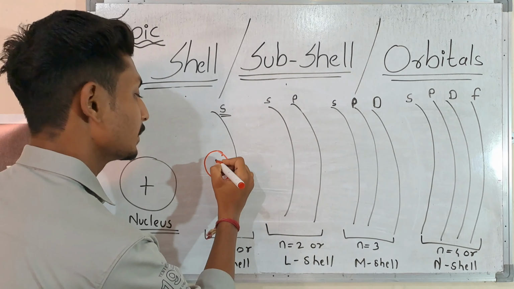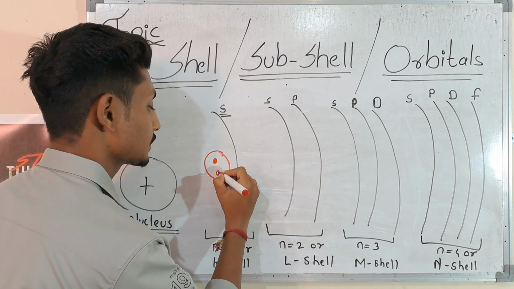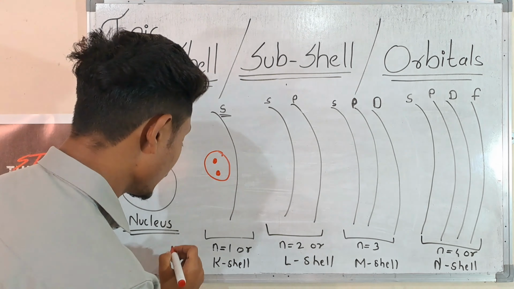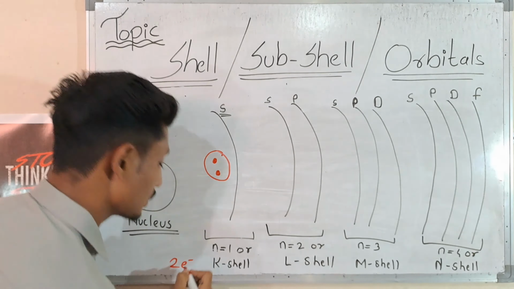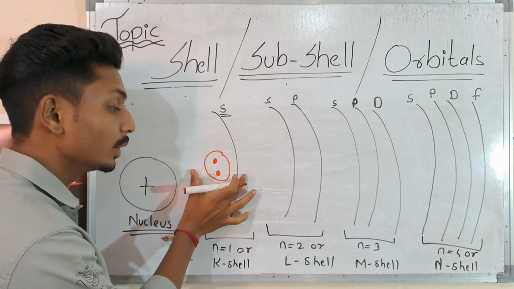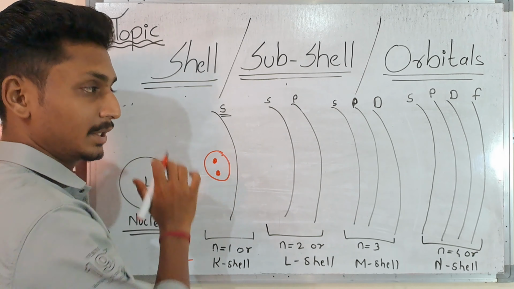One orbital is filled by two electrons. Means the K shell contains only two electrons in its orbit.